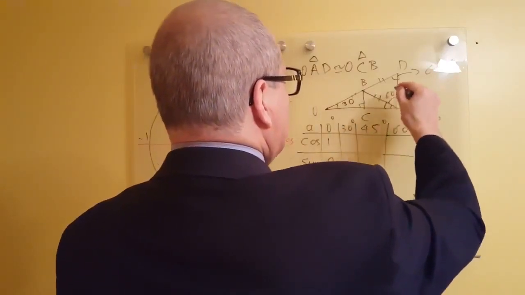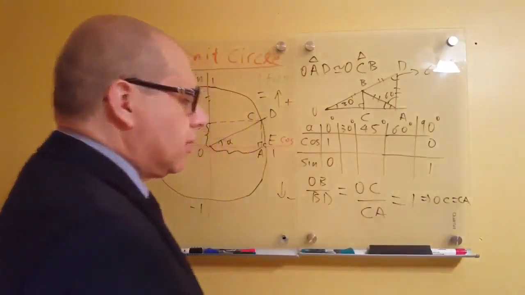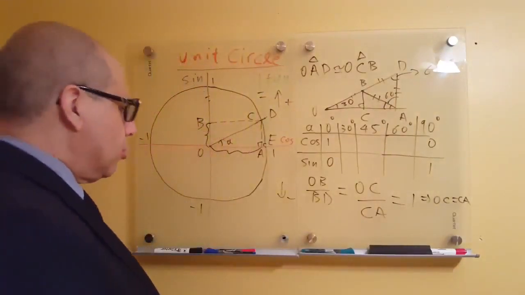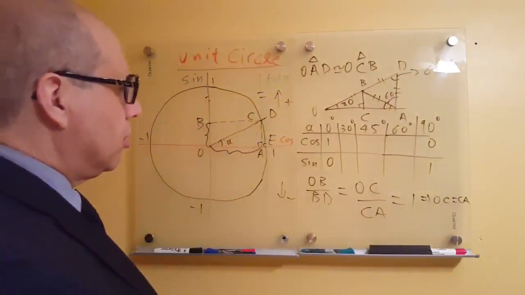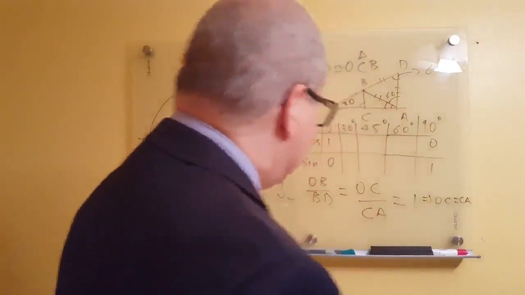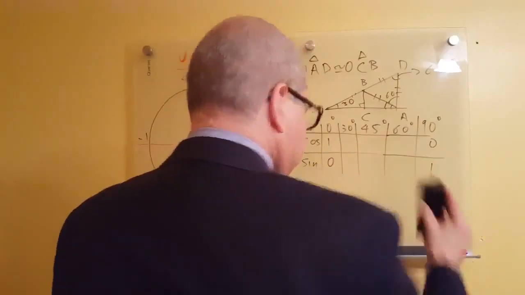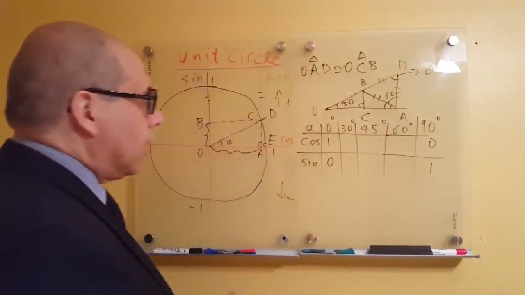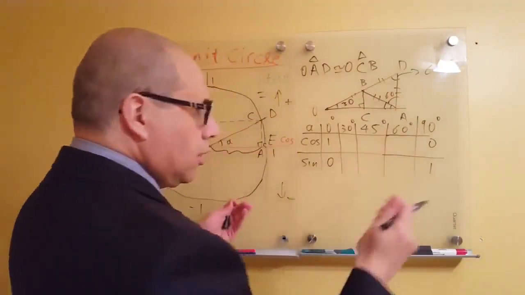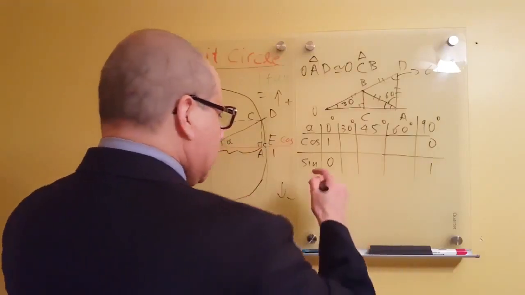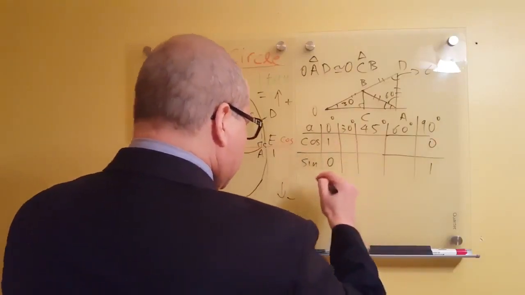This is equal with this is equal with this. Why am I doing all this? Because I want to prove to you that you don't actually have to remember anything when you're dealing with sine and cos.